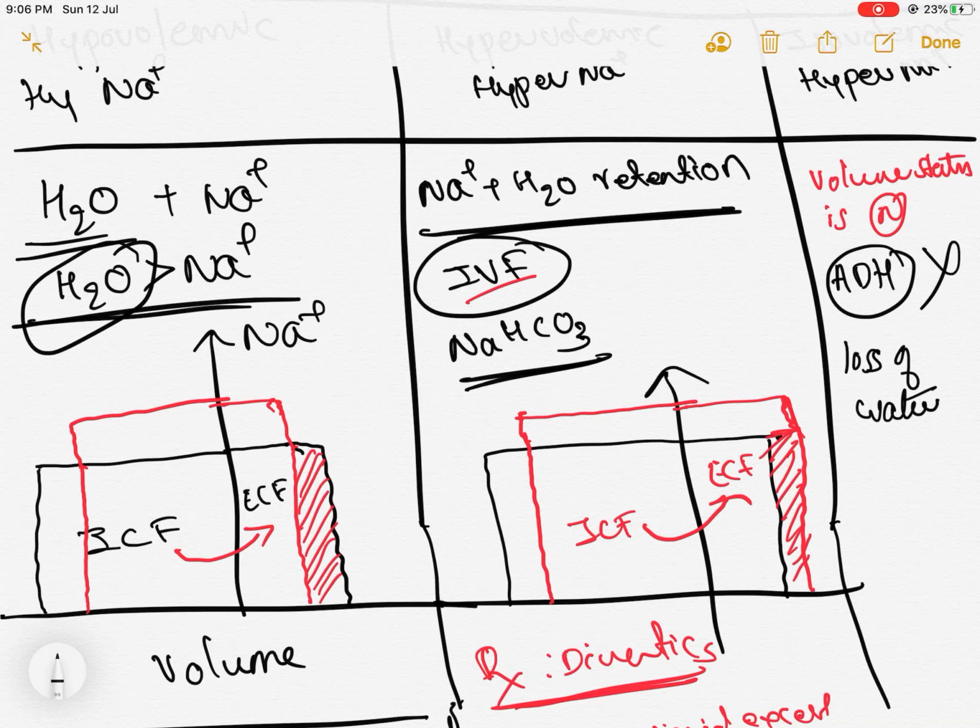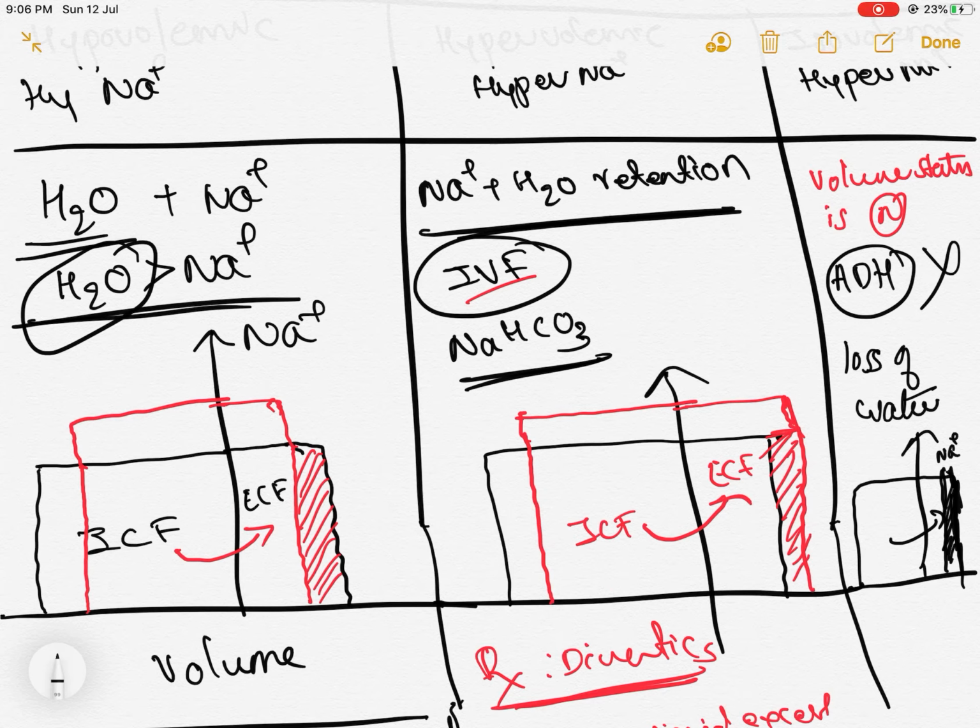So even though there is excessive loss of water, the fluid status sometimes is maintained normal. The extracellular volume is maintained as it is. Why this is maintained is because first the fluid is lost. As a result, the sodium increases.